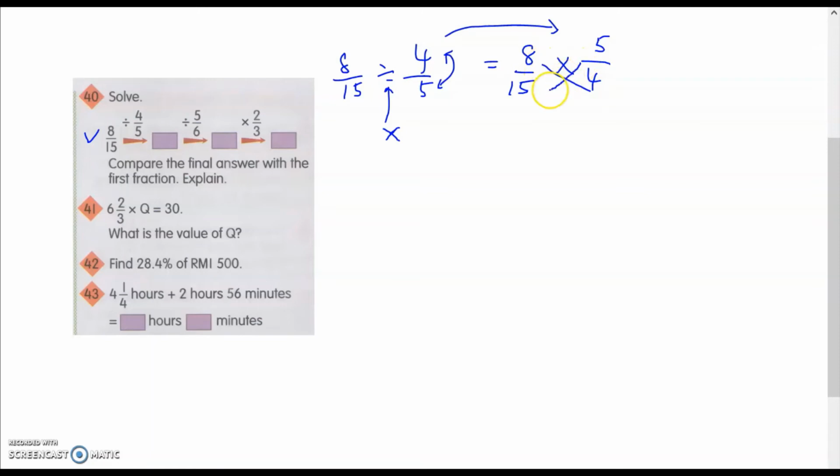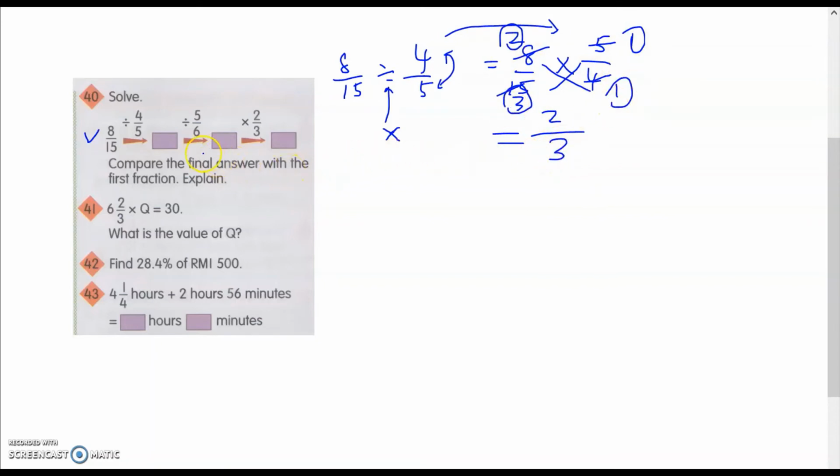Okay, then we simplify, right? We cross like this. We simplify. So this one divide 4. This one divide 5. 2 times 1 is 2. 3 times 1 is 3.